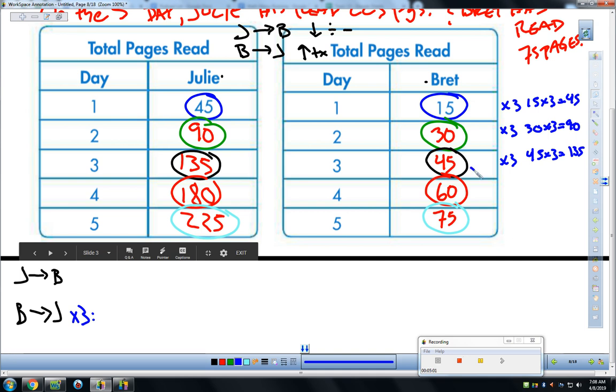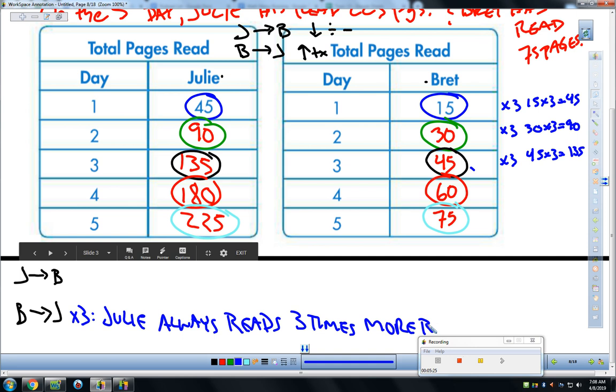So the relationship could be written as this: Julie always reads 3 times more pages than Brett.